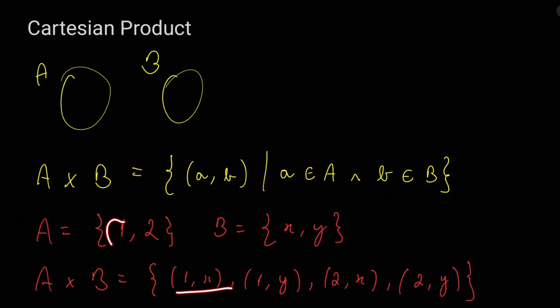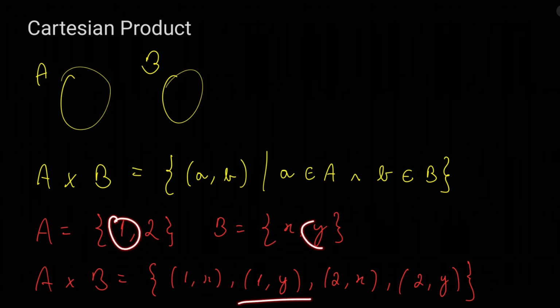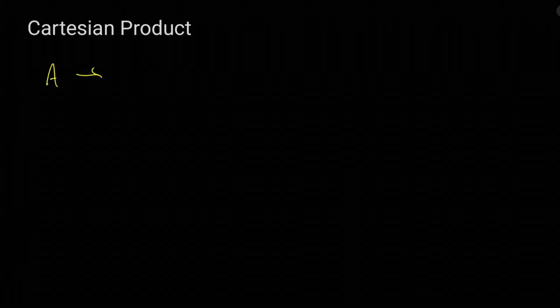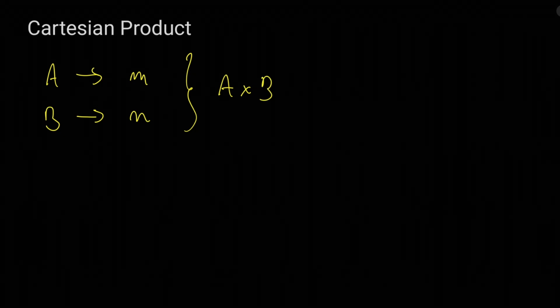Note that I'm getting the first element of A and first element of B, then first element of A and second element of B, then second element of A and first element of B, and finally second element of A and second element of B. These are all the possible combinations of elements from sets A and B. In general, if A has m elements and B has n elements, then A cross B is going to have m times n elements.